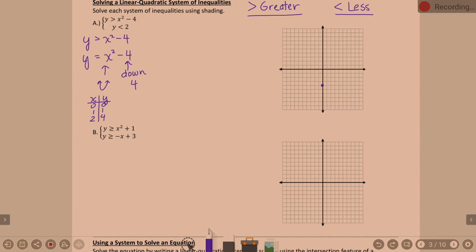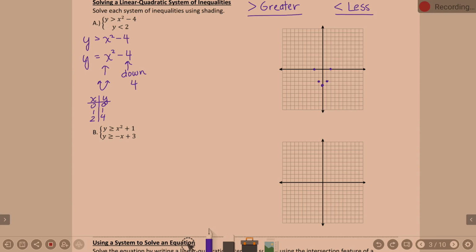What's the shape of this graph then? It's a U. So from this vertex, because it was a 1x squared, I can go over 1 up 1 and over 2 up 4. Now, this is where I'm going to pause. I'm not going to connect my dots yet.